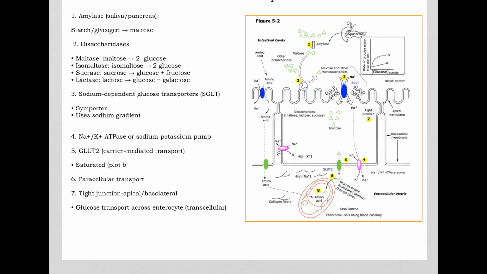Once in the enterocyte cytoplasm, GLUT2, which is found on the basolateral membrane, will transport this glucose out into the tissue space. From the tissue space, the glucose will enter the capillaries, and from this blood vessel, the portal vein, this glucose will now go to the bloodstream of the liver.